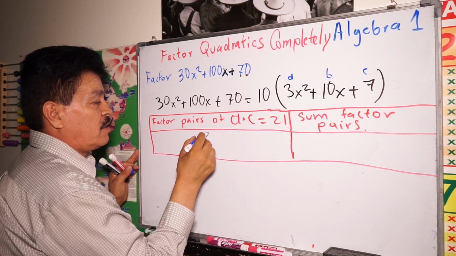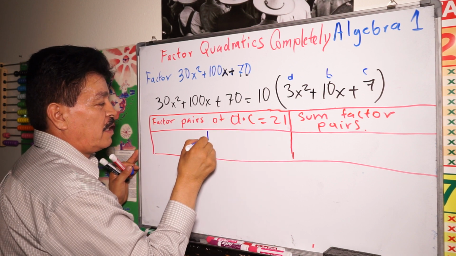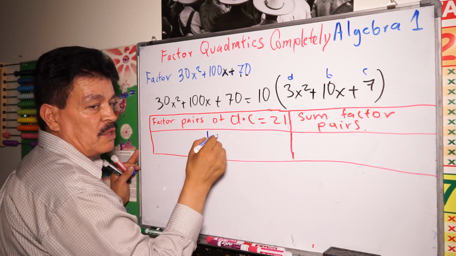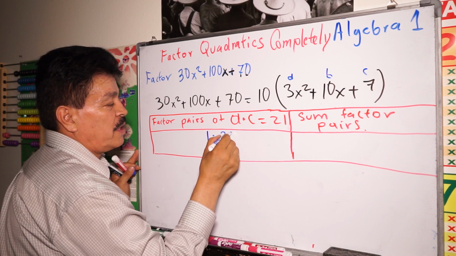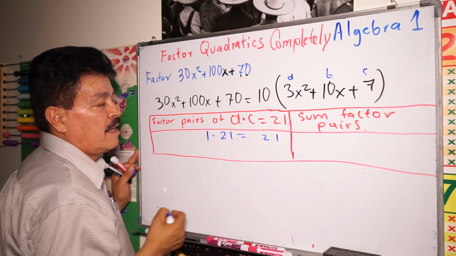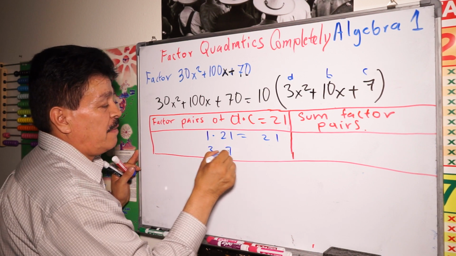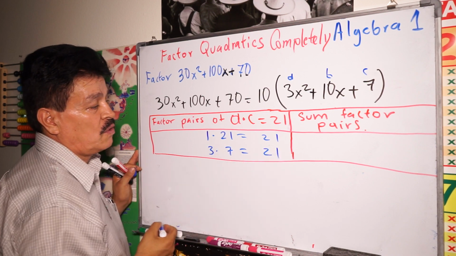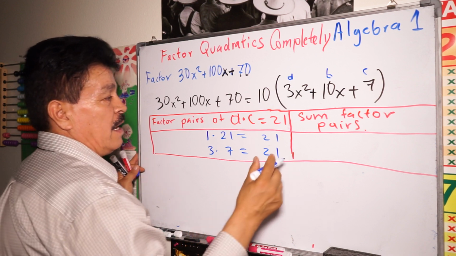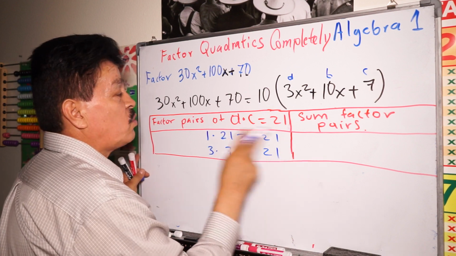The possible factors are 1 times 21 equals 21, and the next one is 3 times 7 equals 21. That's it. On the other side, you must add them.